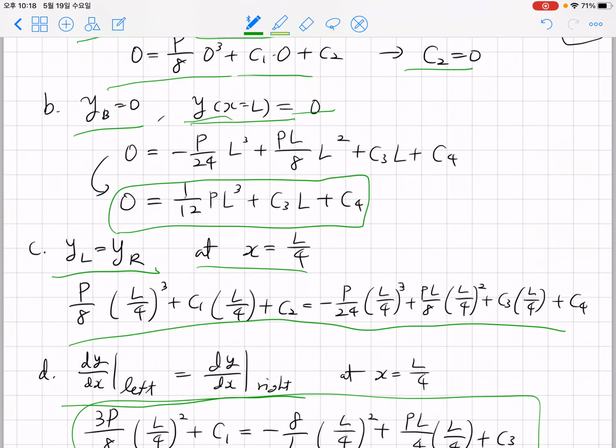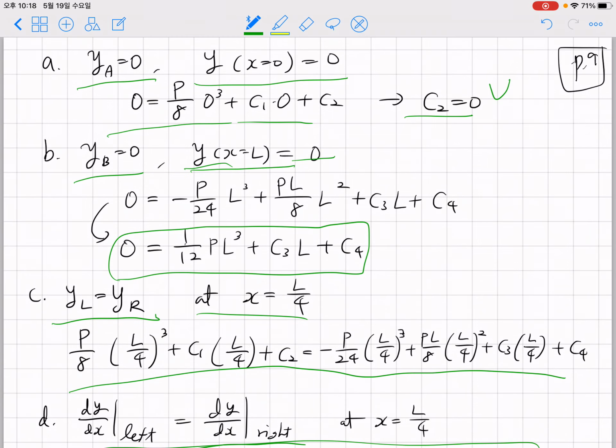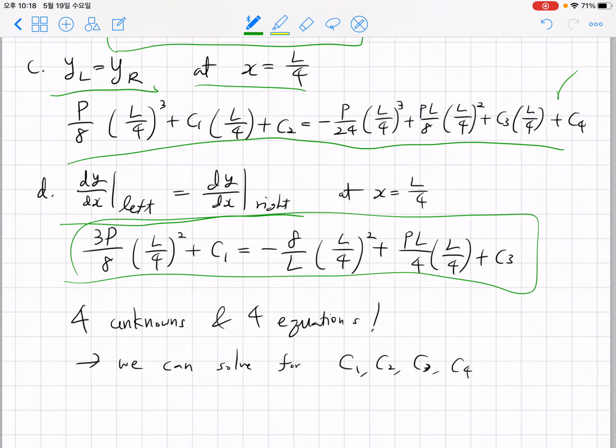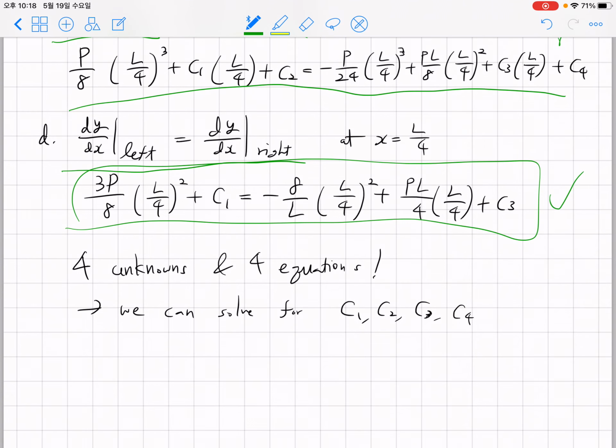So given 4 unknowns and 4 relationships, you are guaranteed to be able to solve for C1, C2, C3 and C4. This is how to handle a problem where you have a piecewise function for M(x). With this, let me finish today's lecture, and I will move on to the contents of beam deflection in the next lecture.